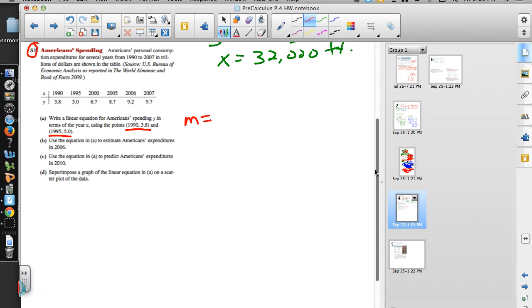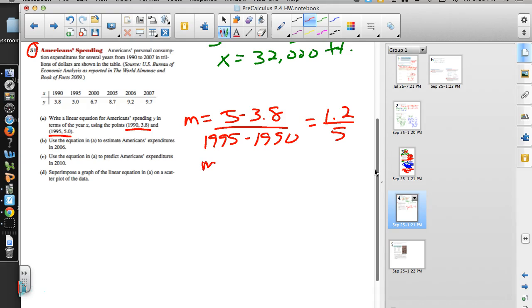We take the change in the Y's, 5 minus 3.8, and divide that by the change in the X's, 1995 minus 1990. So 5 minus 3.8 is going to give us 1.2, and then 1995 minus 1990 is, of course, 5 years, and we divide that, and our slope comes out to 0.24.